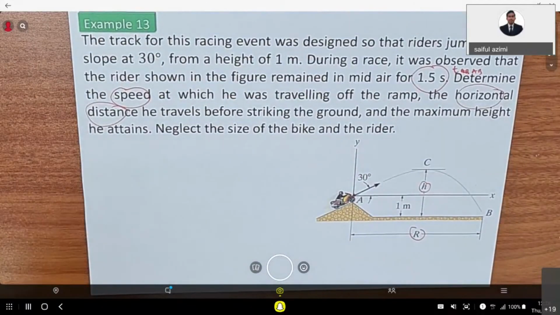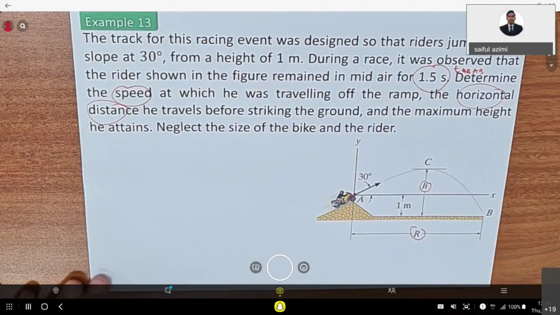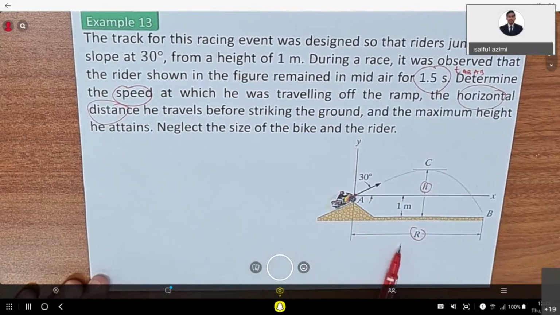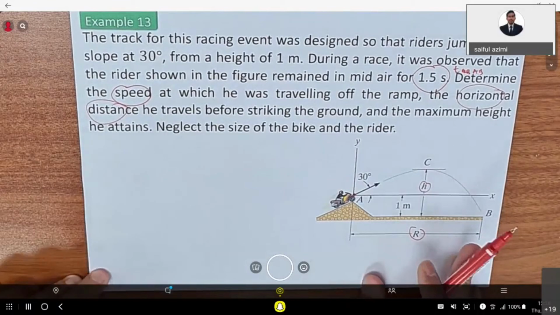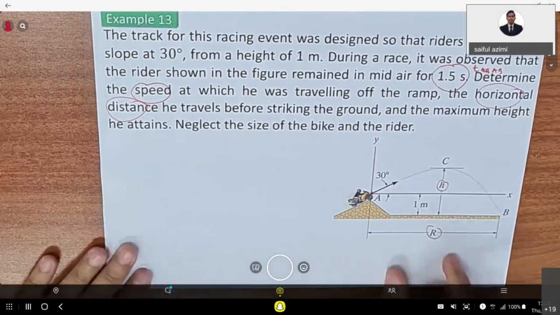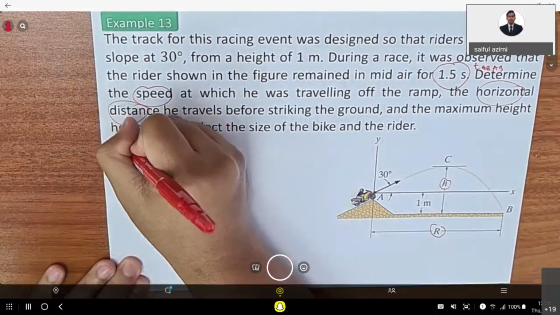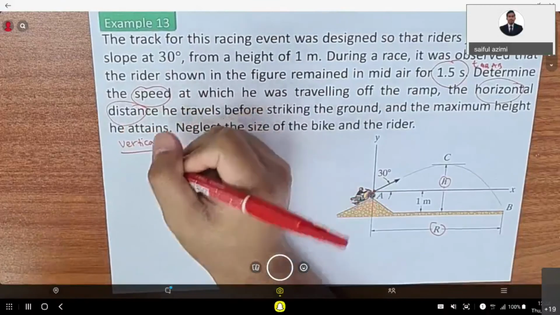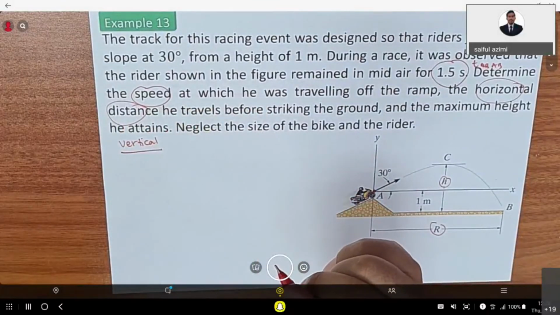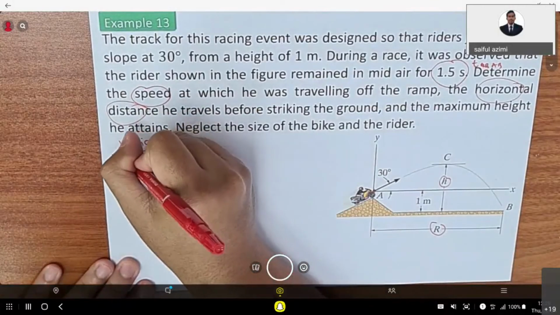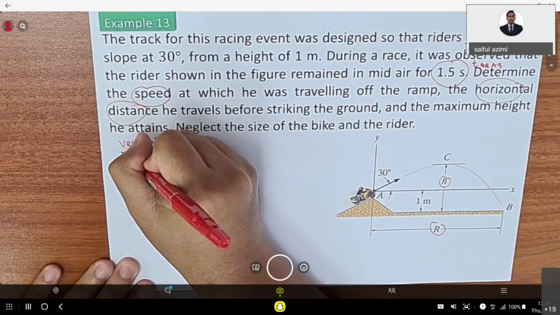Between the end points of the path AB, the three unknowns are the initial speed, we don't know what is the initial speed, we don't know the range R, and we don't know the vertical component of the velocity. So first, we can start with the vertical motion, because we already have YB here.